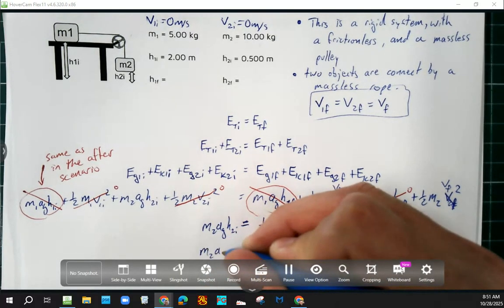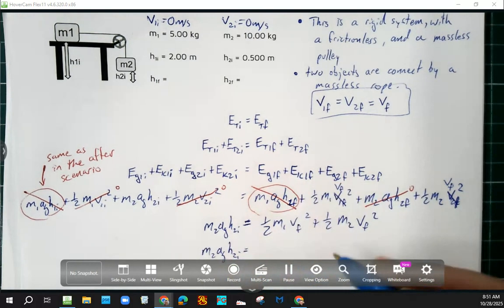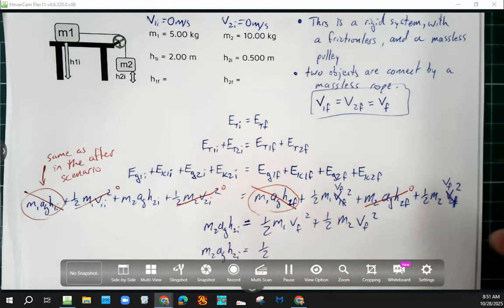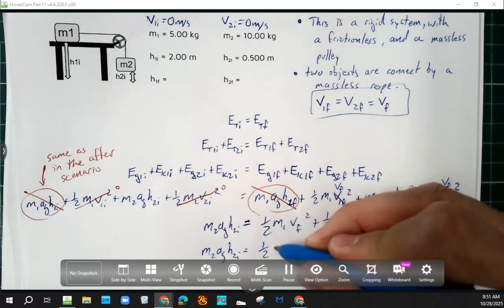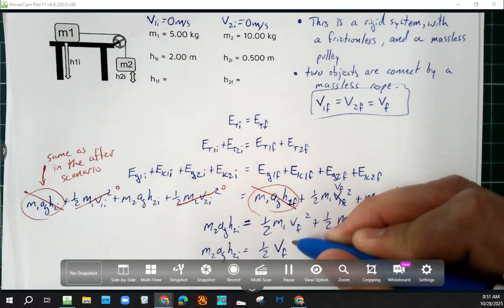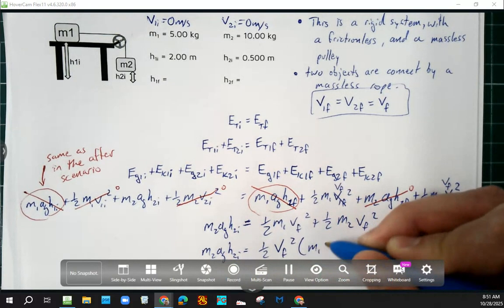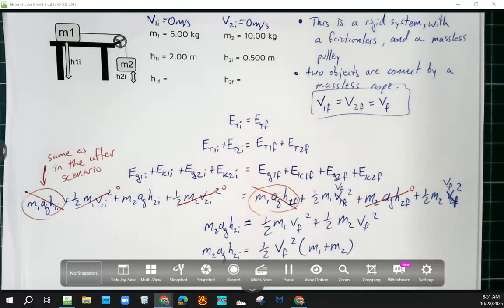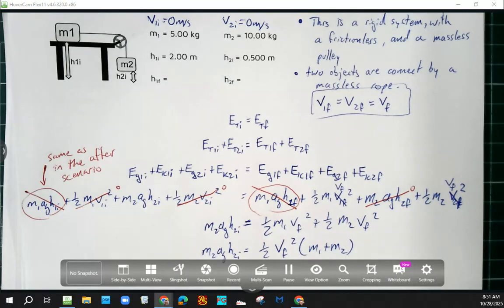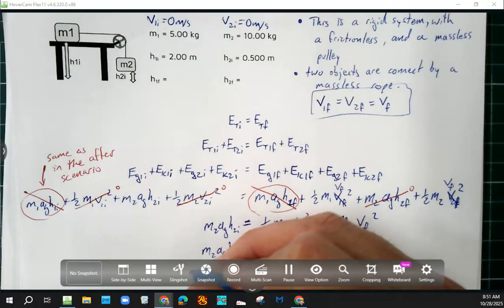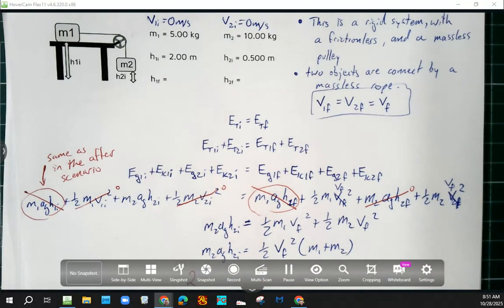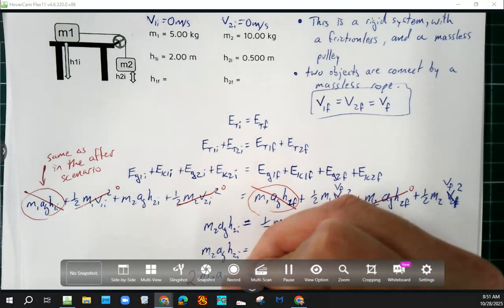M2 A G H2 initial equals, looks like I can pull out 1/2. Oh, this is weird, because I'm trying to isolate for VF. Mass 1 plus mass 2. And then I think to myself, well, how am I going to get this VF all by itself? Well, it seems to me that it makes sense that I'll multiply both sides by 2. So I got 2 M2 A G H2 initial.